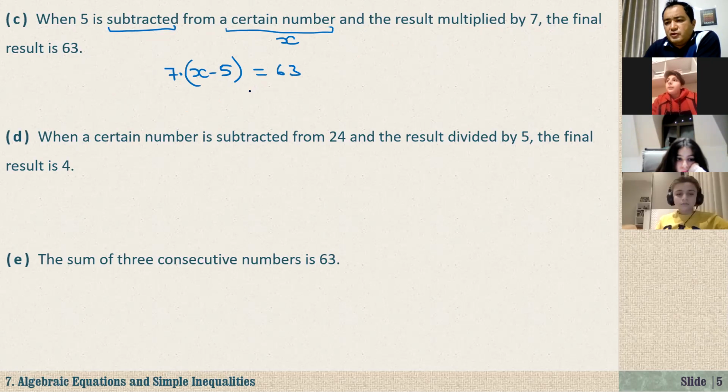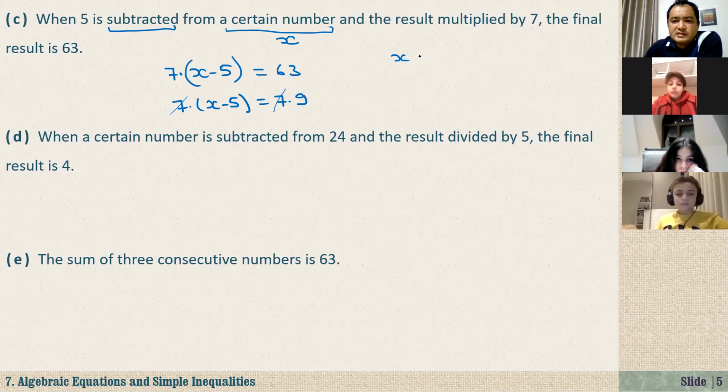That is the equation for this problem. Now we know how to solve this. 7 times x minus 5 is equal to 7 times 9. If you divide both sides by 7, it is gone. And here we have x equals 9 plus 5, which is 14. So that certain number, the unknown number, is 14.